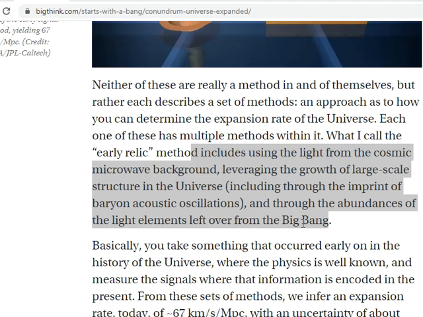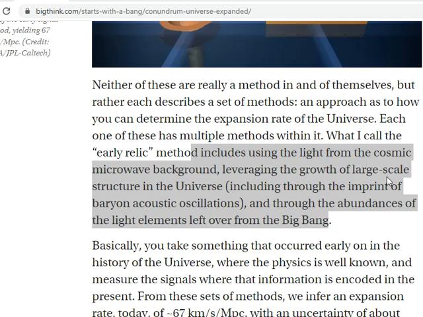Now, that, to me, sounds like complete word salad. There's absolutely nothing there that I could find any kind of mathematical meaning to.